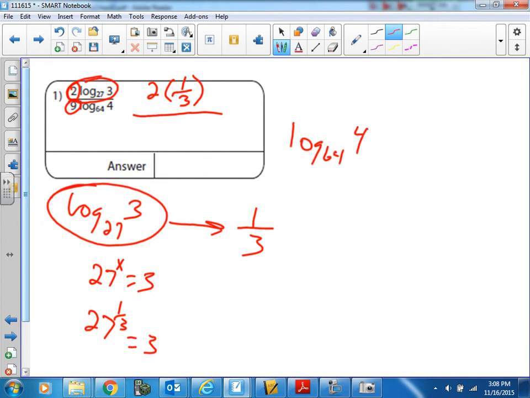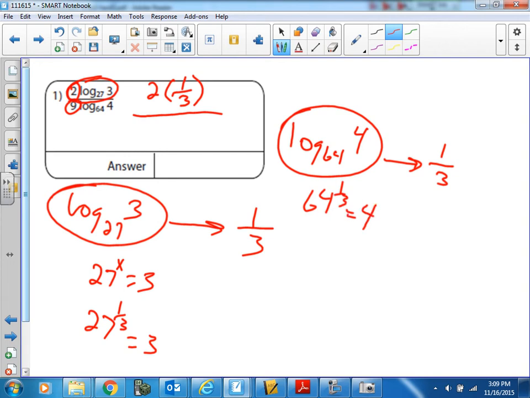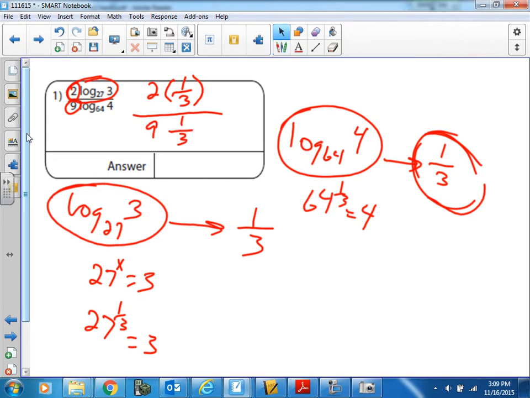And that's really all this is: 64 to the what power gives me 4. Well, hopefully you recognize that the third root, or the cubic root of 64, is 4. So this entire thing is just 1/3, because 64 to the 1/3 is equal to 4. So our answer for this log is 1/3. So on the bottom we're going to have 9 times 1/3.